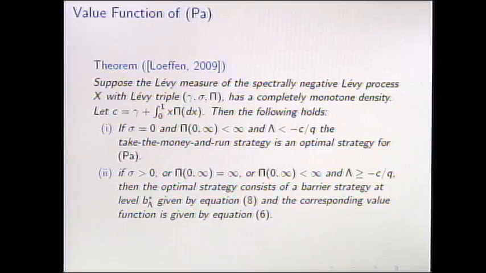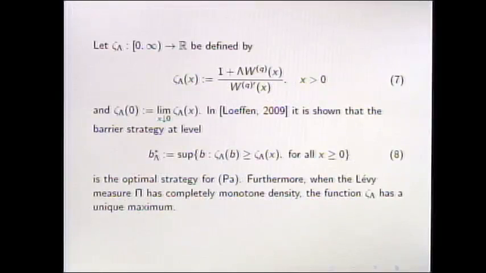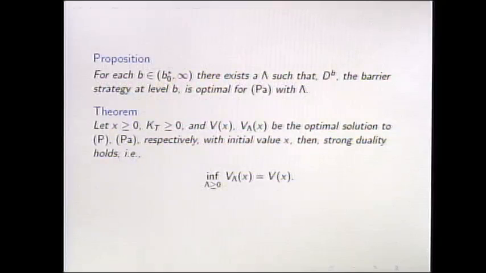Otherwise, there is going to be an optimal level given by this formula, where the maximum of this is attained. So that is useful for us because then we have a way, given a b in this set, and this b star is going to be the level of the unconstrained problem, this b0 star.